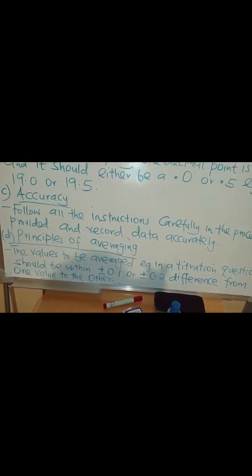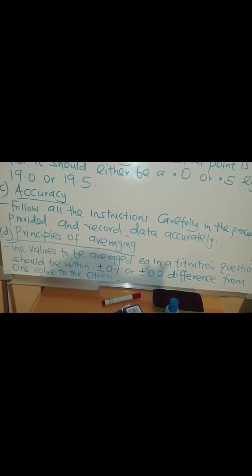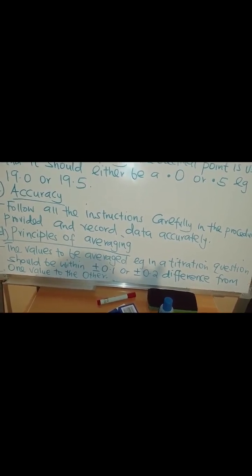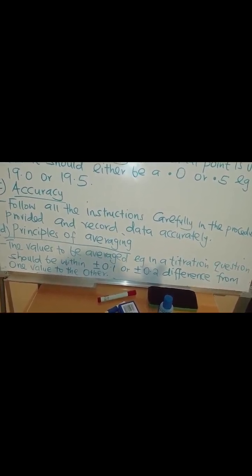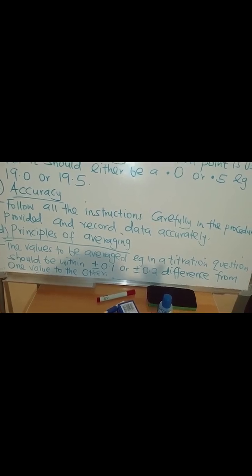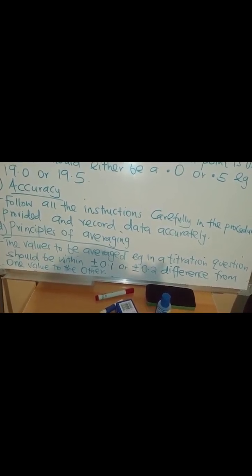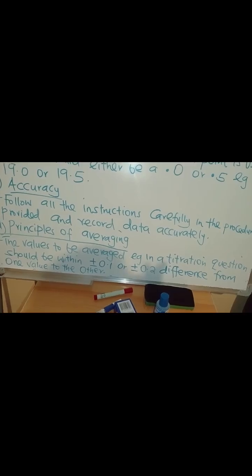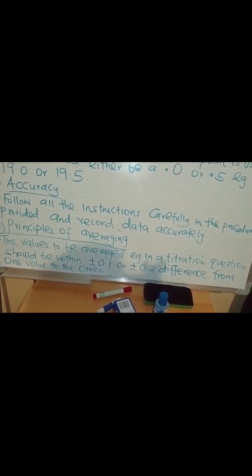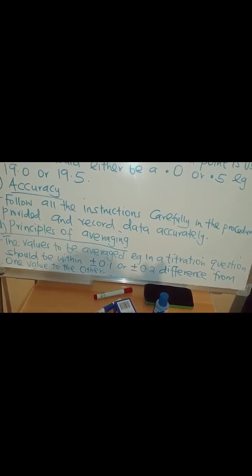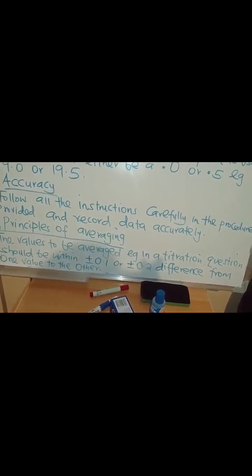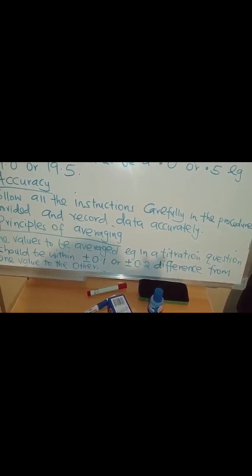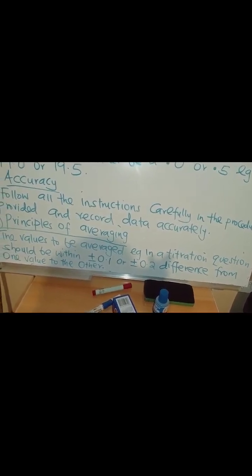The other thing that we look at is the principles of averaging. One common question that requires you to average is titration. The values to be averaged in a titration question are only those within plus or minus 0.1 or plus or minus 0.2 difference from one value to the other.